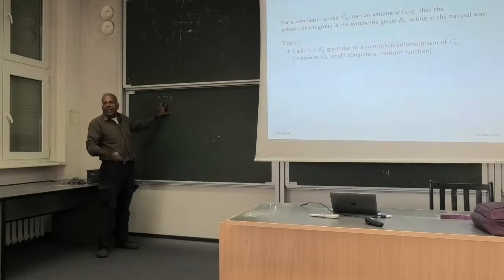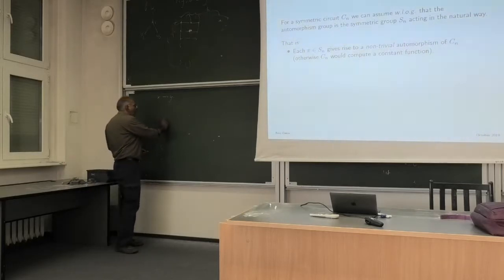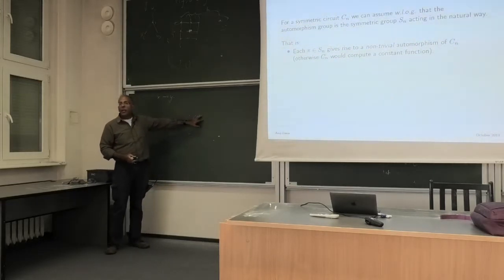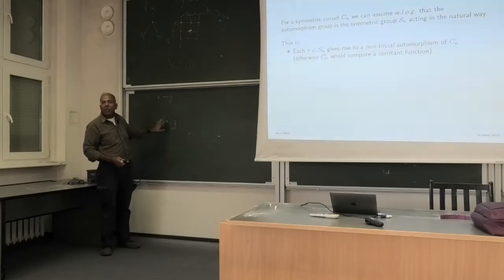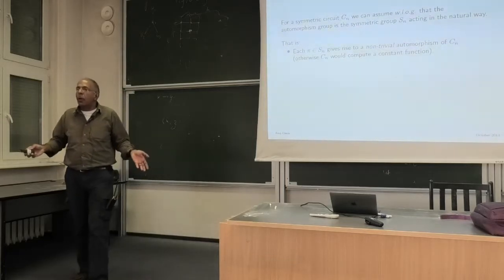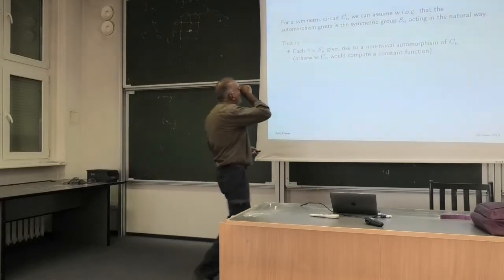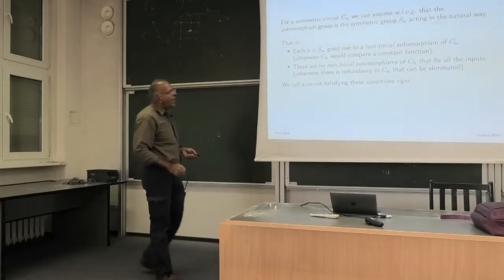Now if this doesn't move anything in the circuit, then x cannot appear in any input to the circuit, right? Because if it does, it has to move. So if you have somewhere in the circuit the input x, z, then under the action of this permutation it has to move somewhere else. So if this permutation doesn't move anything in the circuit, x cannot appear anywhere in the circuit. But then by symmetry, no input can appear in the circuit, and so the circuit is just computing some constant function. Okay? So it's fair enough to assume that every permutation gives rise to a non-trivial automorphism.